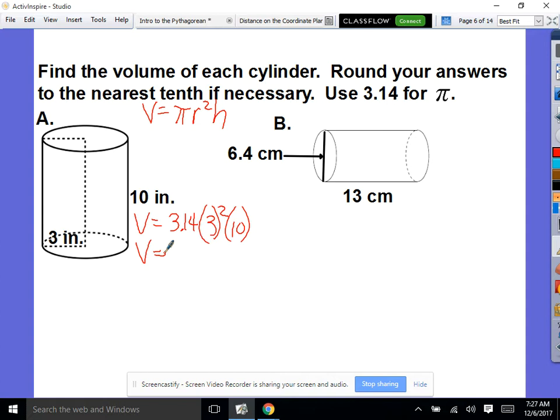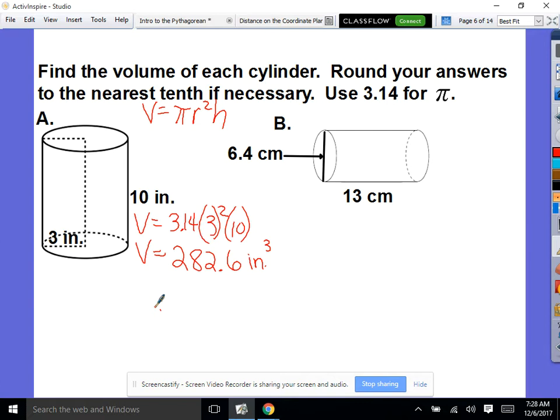That gives us a volume of 282.6, and then that would be inches. You have to use your label, and then cubed. Since it is three-dimensional, our exponent is a 3, and it has to go after the label.